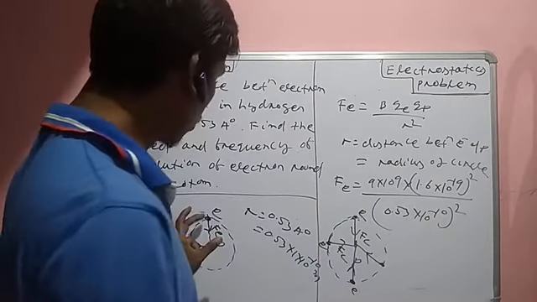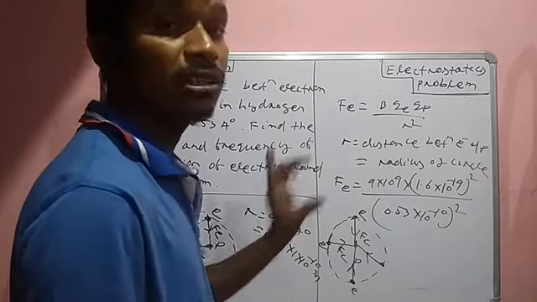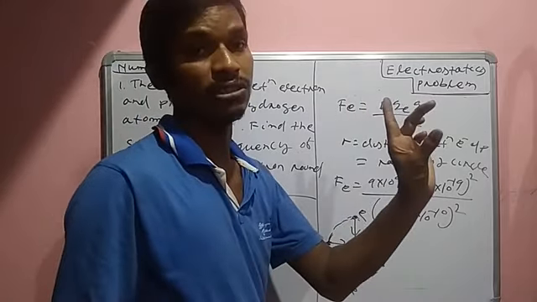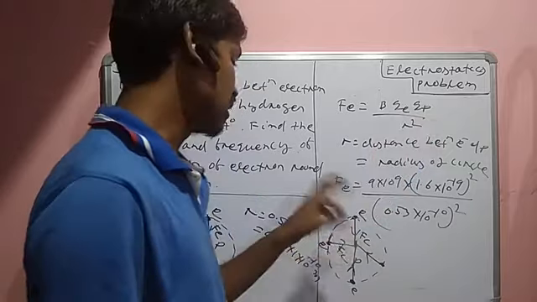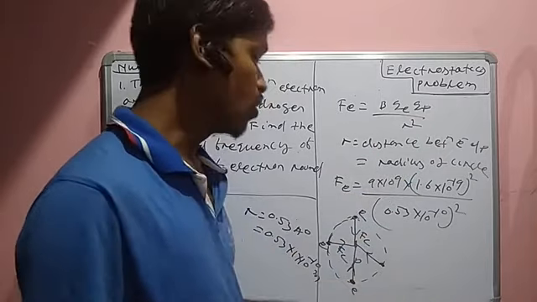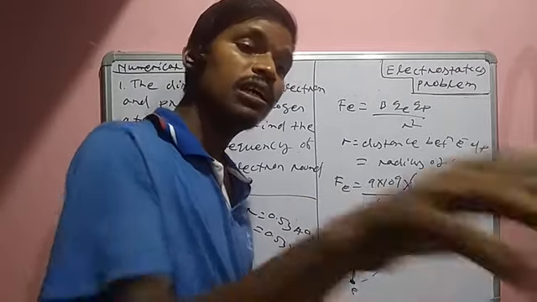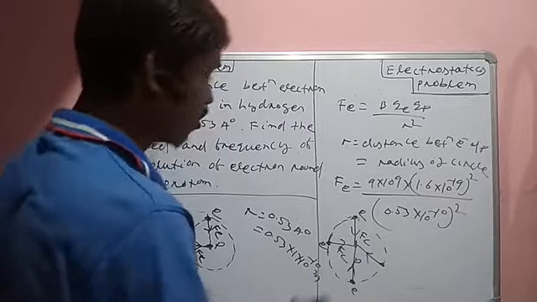Whenever an electron and proton are separated by some distance r, the electrostatic force also occurs. So in this case, the electrostatic force is equal to the centripetal force.